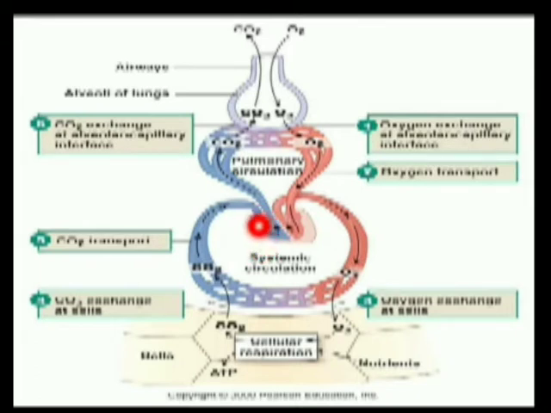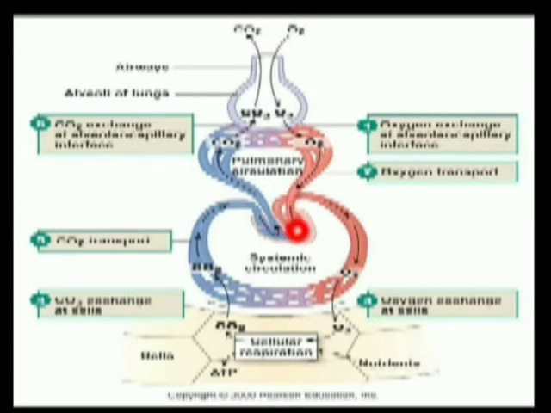When the deoxygenated blood comes out from the heart through the pulmonary artery, it comes near the alveoli, and then the carbon dioxide diffuses along the partial pressure, and then it goes out from the body through the nasal cavity, and the inhalation procedure starts, and the oxygen comes into the blood.